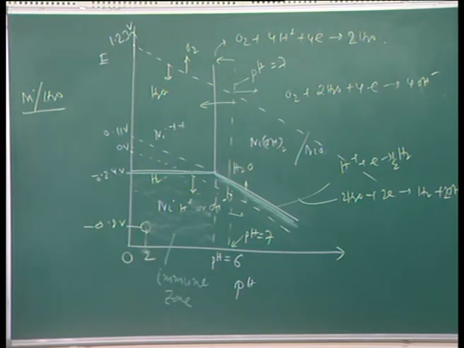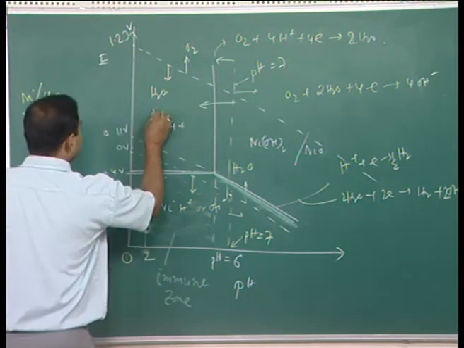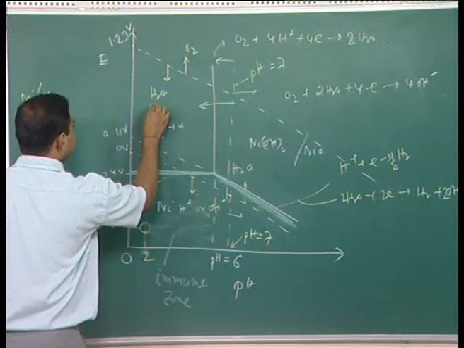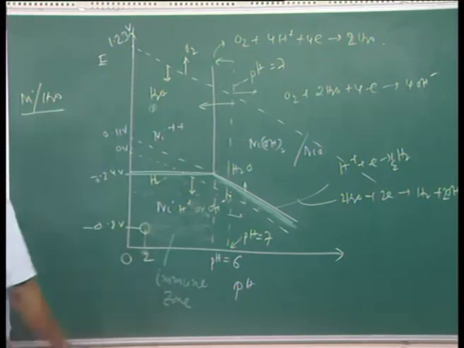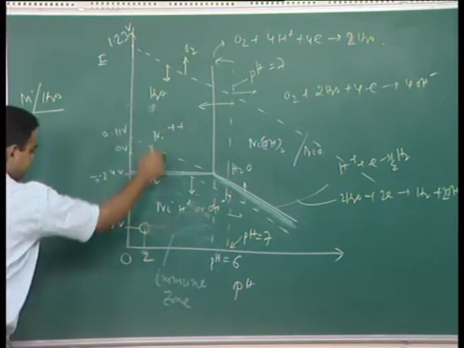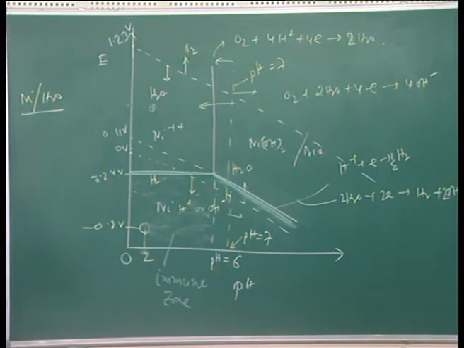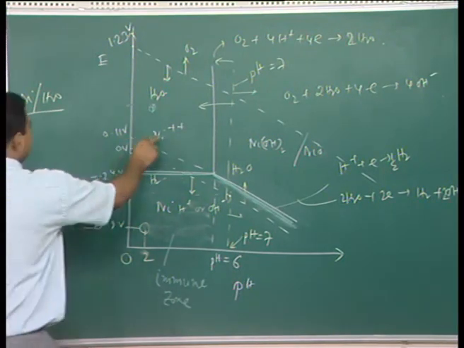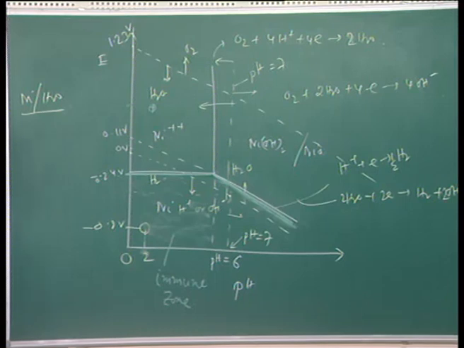Immune zone, or we call it immunity zone. Now, if I am at this position, with this potential and this pH value, then we can see that Ni++ is the region.